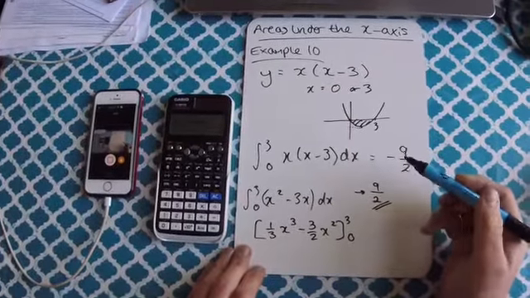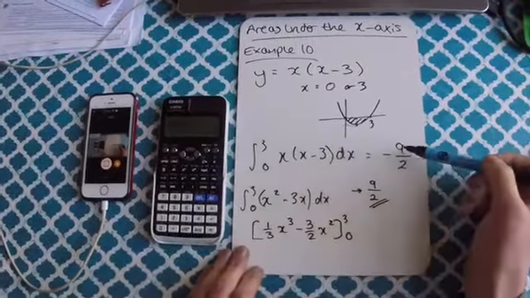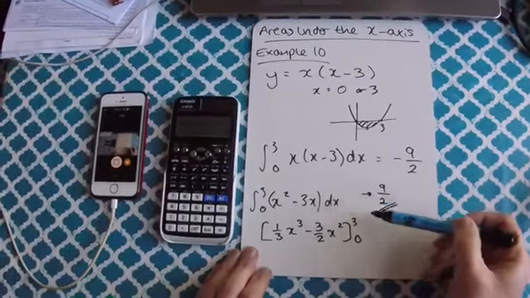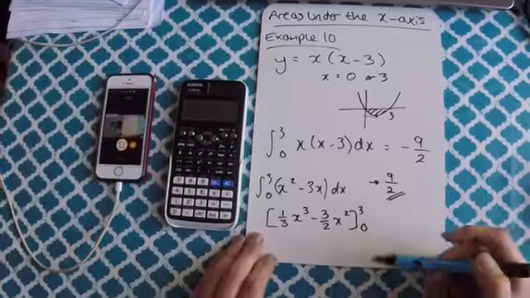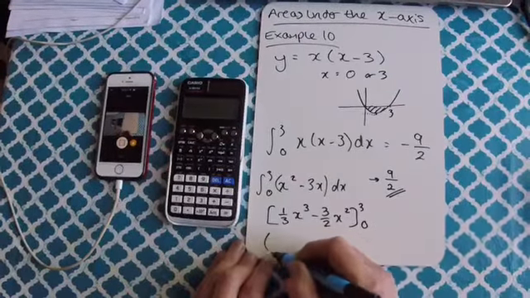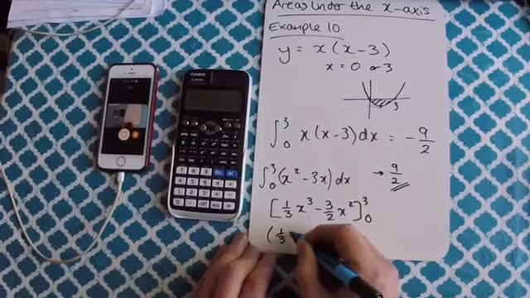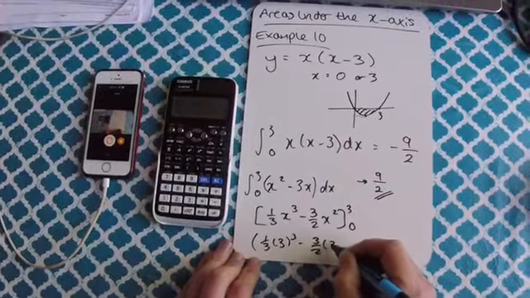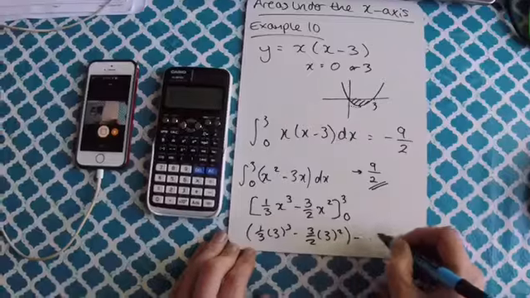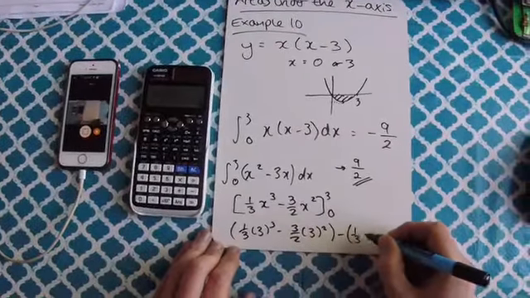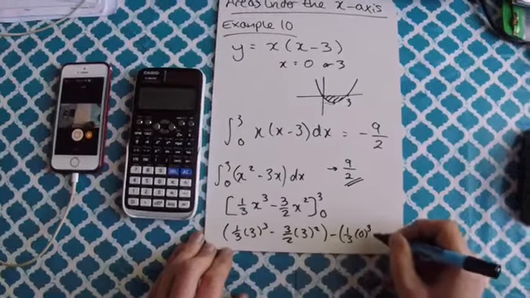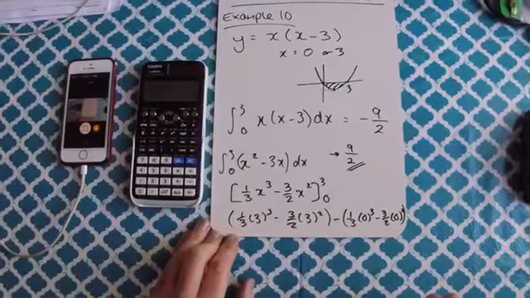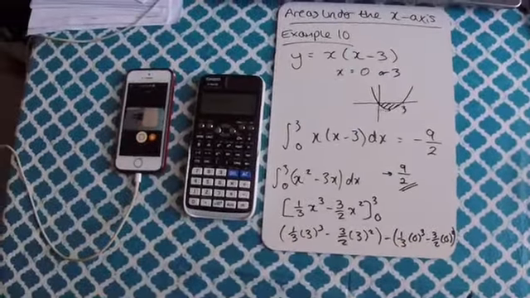Remember what I've said on the previous examples. Yes, you can use your calculator to just find this value here, but we need to see at least these two lines of working. I would even go one further to say I would ideally want this working out, and we are then ensuring that we are getting all available marks for the question. And then we can put the negative 9 over 2.